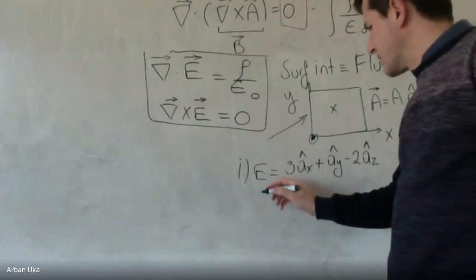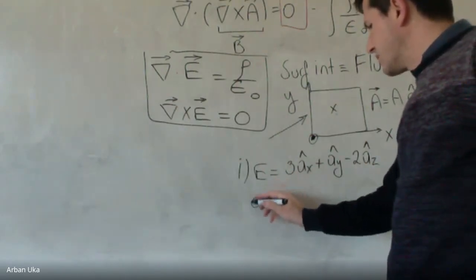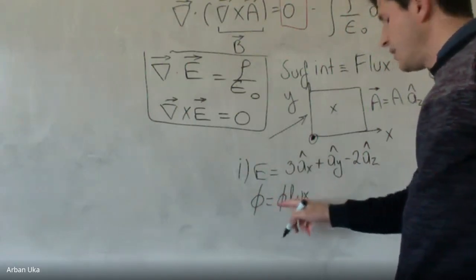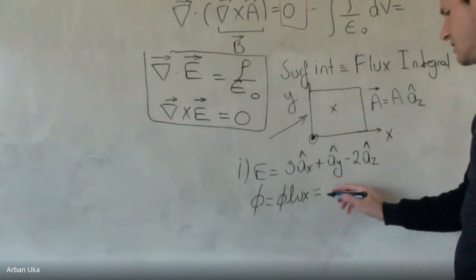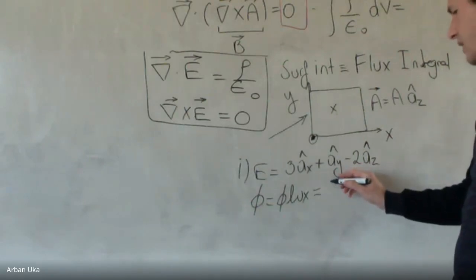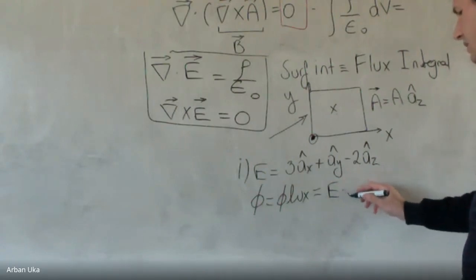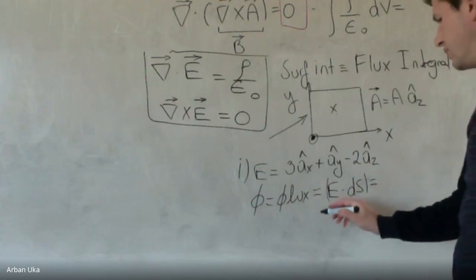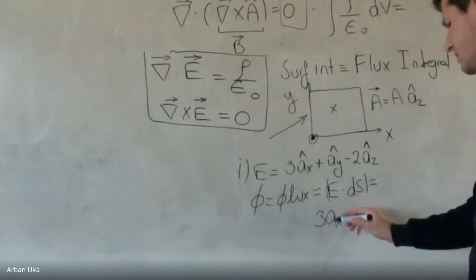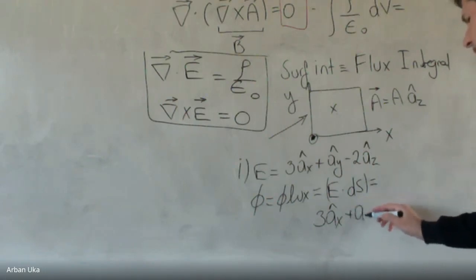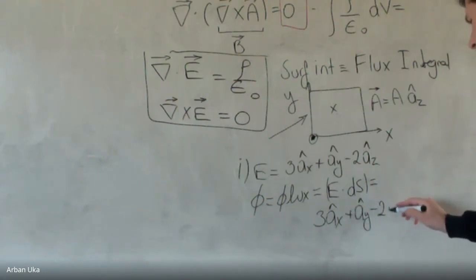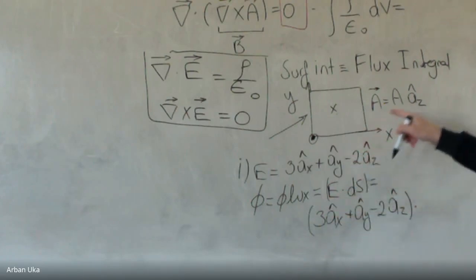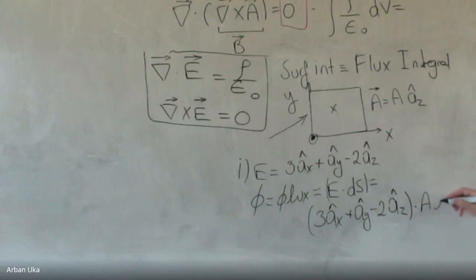In order to find the flux, we can denote it like this, for the sake of getting used. So sometimes I might write this on the board also like this. This is equal to the integral over the area of E dot ds. So in this case, this is going to be equal to 3ax plus ay minus 2az, and then we take the dot product of this one with this element, which is az.